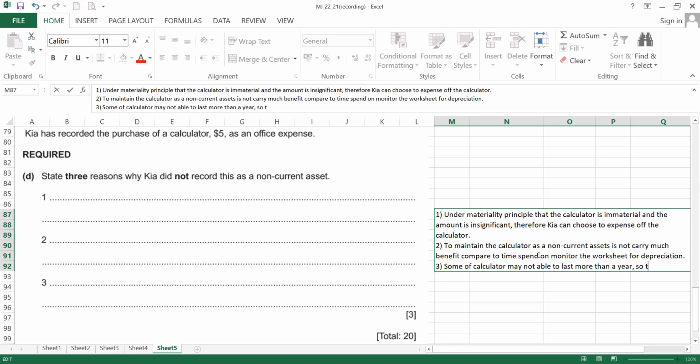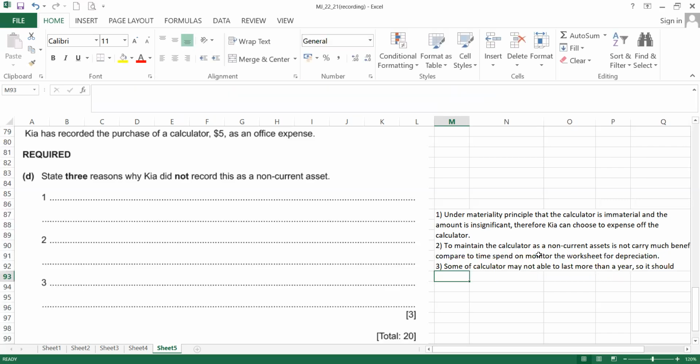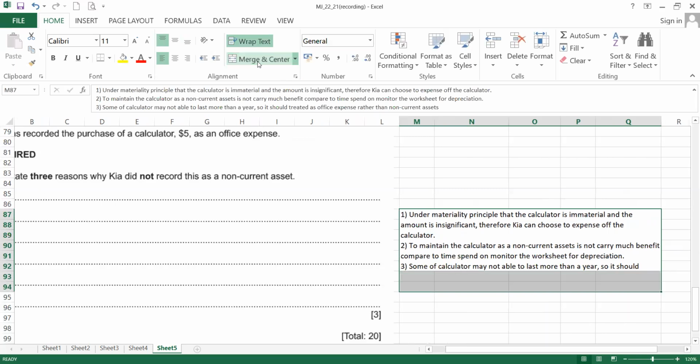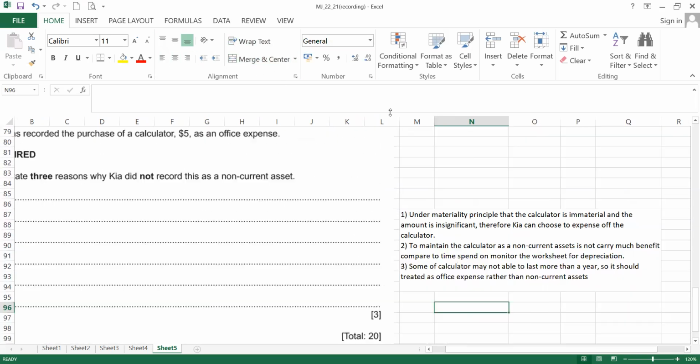So it should be treated as an office expense rather than a non-current asset. Okay, so this is the answer that I'm giving for the last question. So that's all for the paper that I'm preparing.